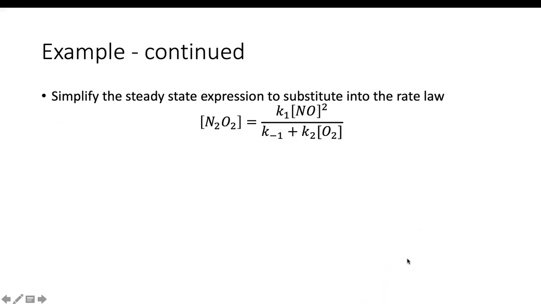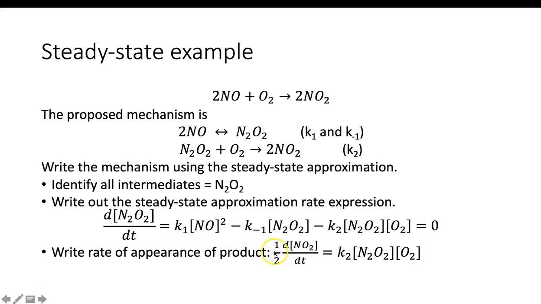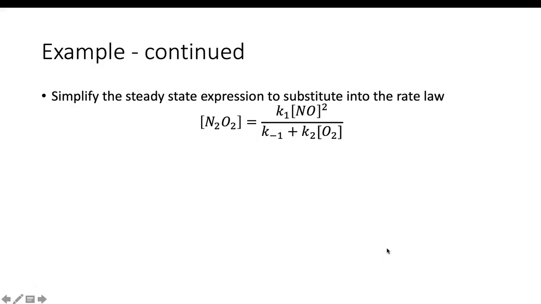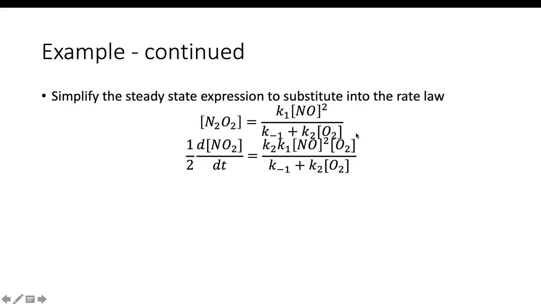Then we take this steady state approximation, so we have this equal to 0, and we need to substitute in for N2O2. We use the steady state approximation to get a value of N2O2, and it's this ratio where we have second order in NO and a minus 1 order of O2 in this case.